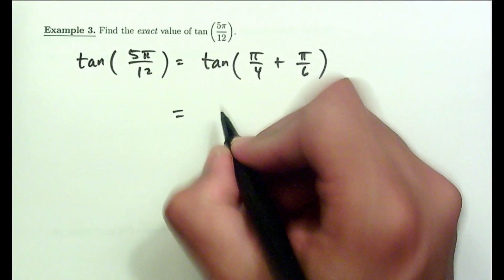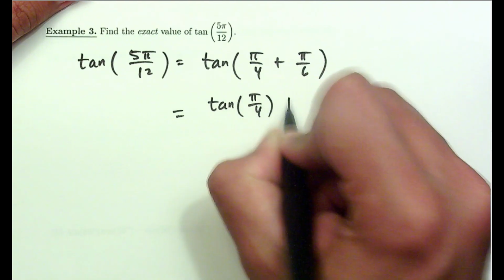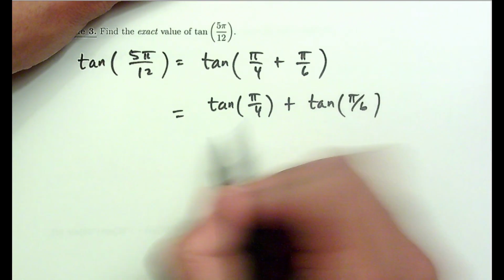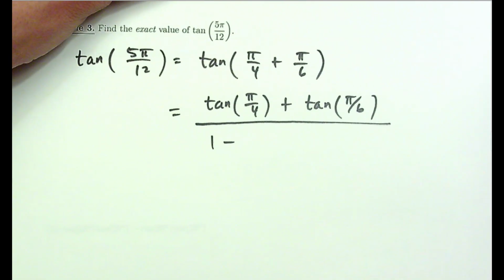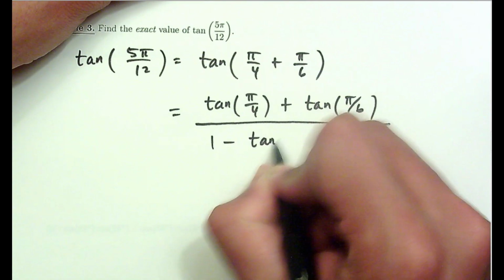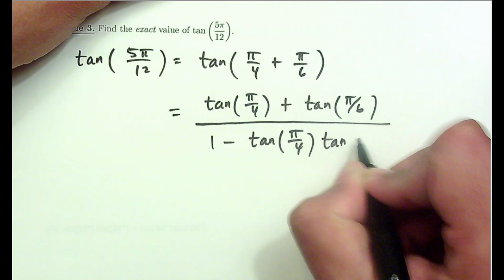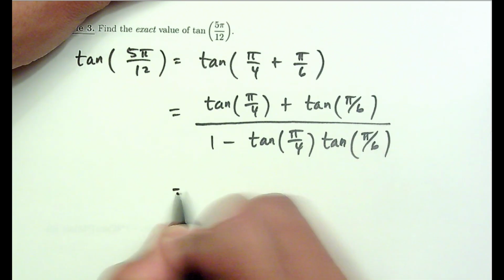This is going to be tangent of pi over 4 plus tangent of pi over 6, all that over 1 minus tangent of pi over 4 times tangent of pi over 6. Okay.